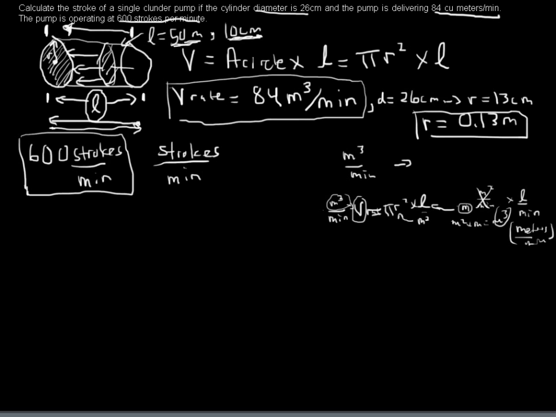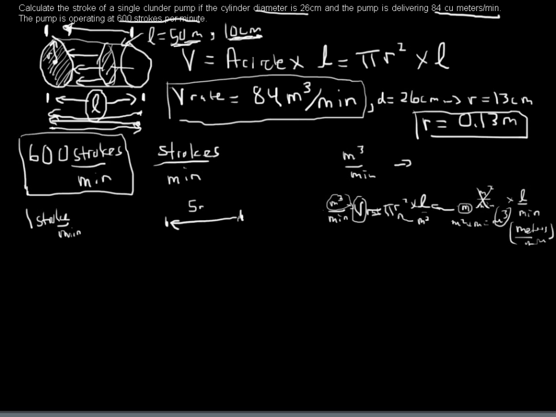We need to know how many meters this is really covering for every 1 minute. So for 60 seconds, how many meters does it cover? We know that it goes back and forth 600 times. If this was doing 1 stroke per minute, from here to here in 1 minute, then all we would have to do is multiply by the length of this.